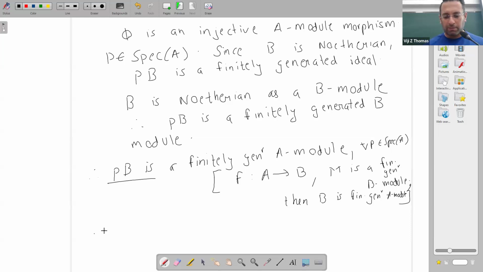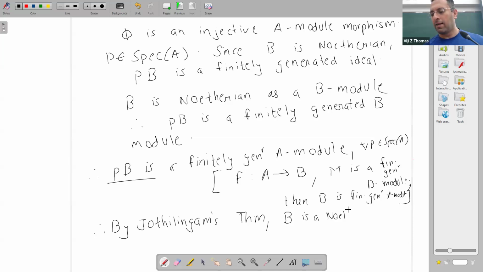Therefore, by Jothilingam's theorem, B is a Noetherian A module. This is where we use Jothilingam's theorem, concluding B is a Noetherian A module, because we have proved that PB is a finitely generated A module for all P.